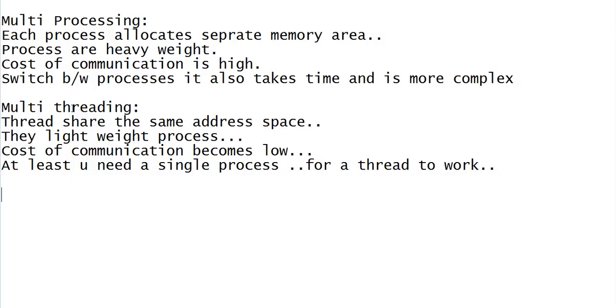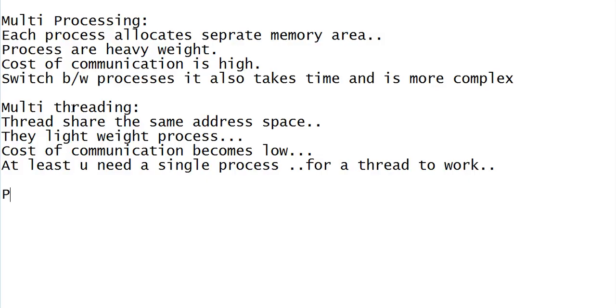It means it's obviously much easier and more time efficient to use multi-threads over multiprocessing, but at least you need to have one process running while you use multi-threading. Why so? Because threads are nothing but sub-processes. So if a sub-process needs to execute, you need to start the execution of the process itself. Then only the sub-processes will get executed.